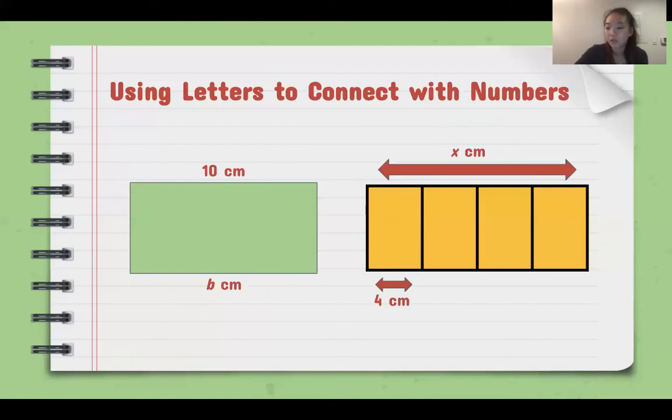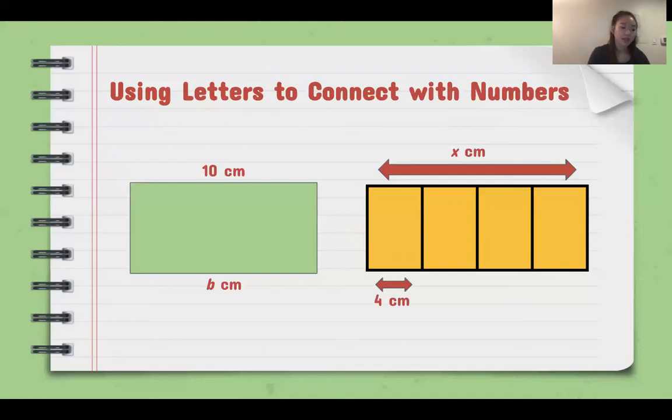So if I know that's 4 centimeters, and then they want to know what the entire rectangle is, and I know it's split into 4 parts, what I can do is use this formula, do 4 centimeters by 4 centimeters, because I know that each one of these rectangle units are going to be 4 centimeters, and there are 4 of them. So X for this instance is going to be 16 centimeters.